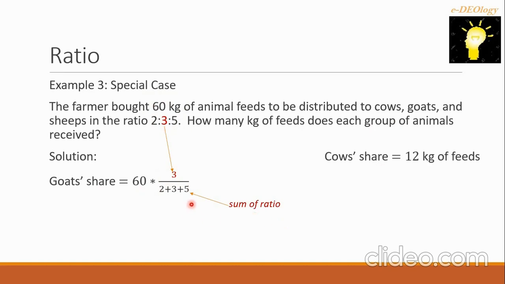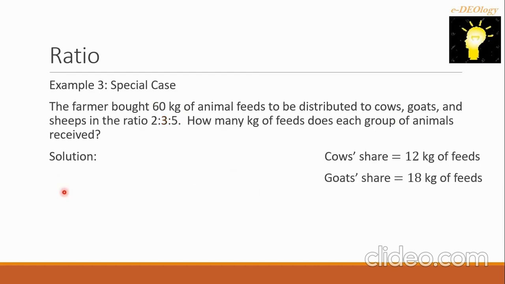Then we simplify. We multiply the 60 by 3 and get 180, divided by the sum of these numbers, which is 10. Then we divide. 180 divided by 10, we get 18, or 18 kg of feeds. That is for the goats.